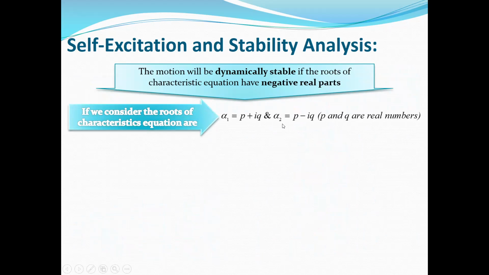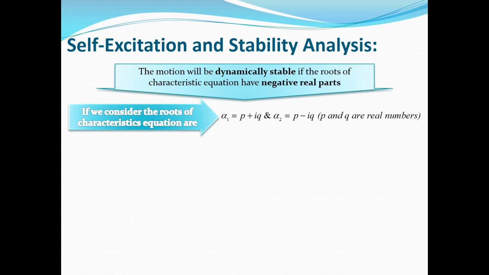If you remember, when you form the characteristic equation, it was of the form m alpha squared plus c alpha plus k, where m was the coefficient of x double dot in the equation of motion, c was the coefficient of x dot, and k was the coefficient of x. So we have an algebraic equation, and you can solve this equation using the delta method.